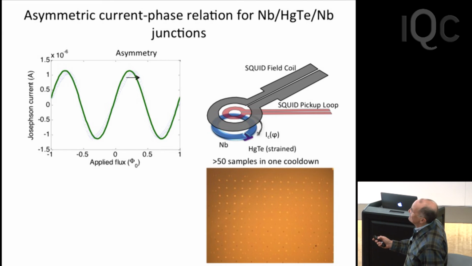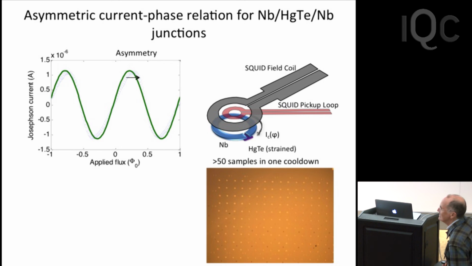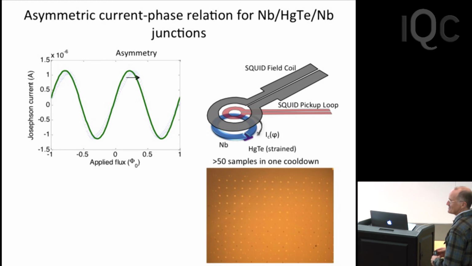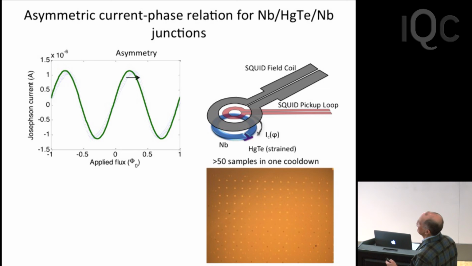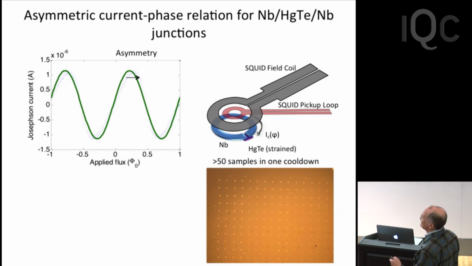It has more current at higher phases than at lower phases. And it turns out this is what you expect for a topological insulator. Yeah, and this is necessary but not sufficient to show that you're actually seeing results from the topological insulator physics.